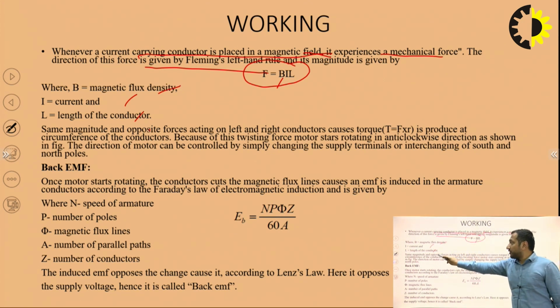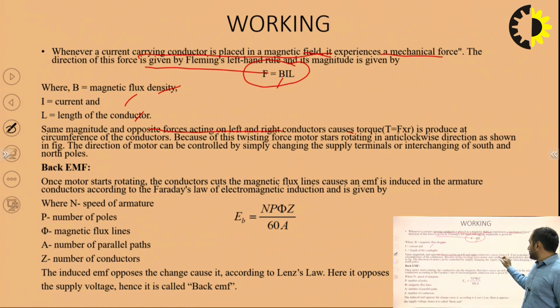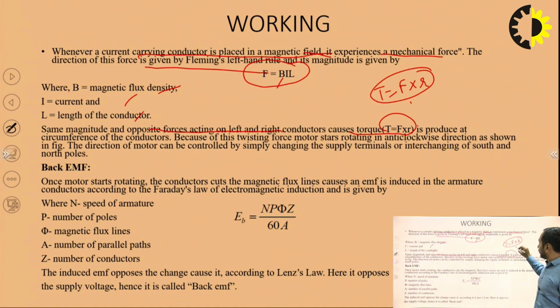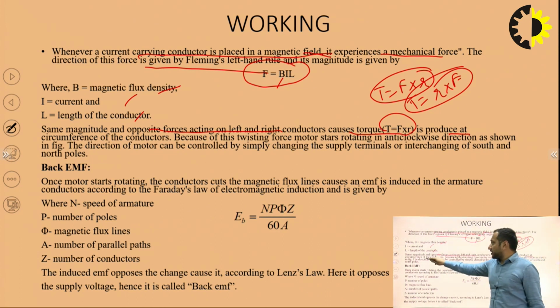Equal magnitude and opposite forces act on the left and right side of the conductor, causing torque, which is given as T equals F cross R, or if we write it vectorially, T equals R cross F. So torque is produced in the circumference of the conductor.